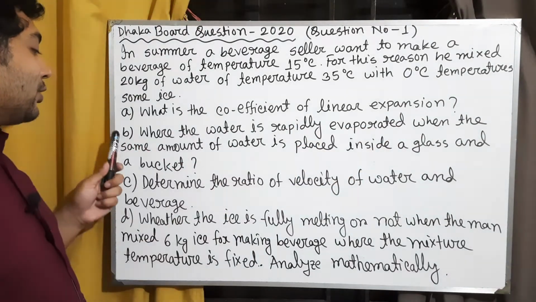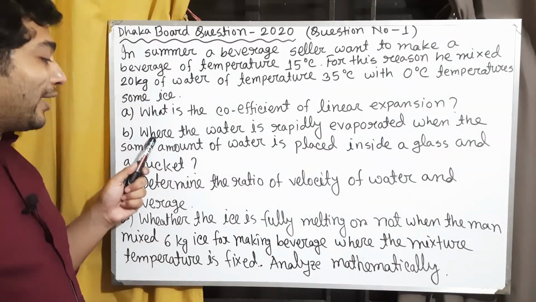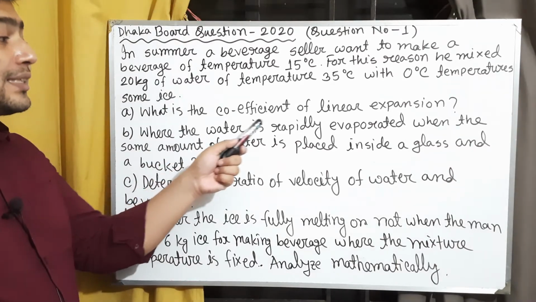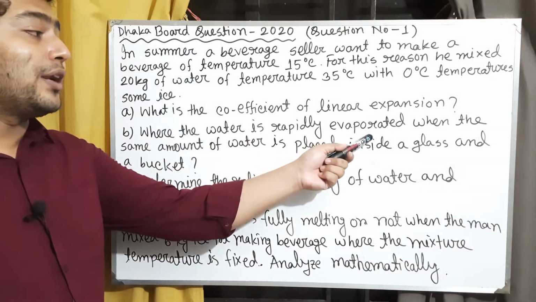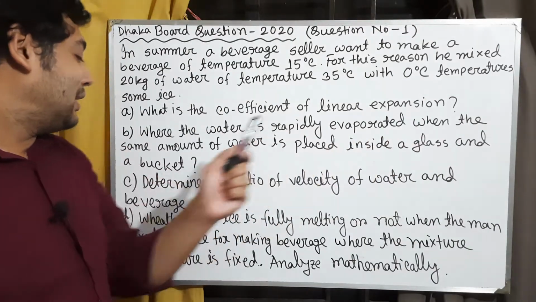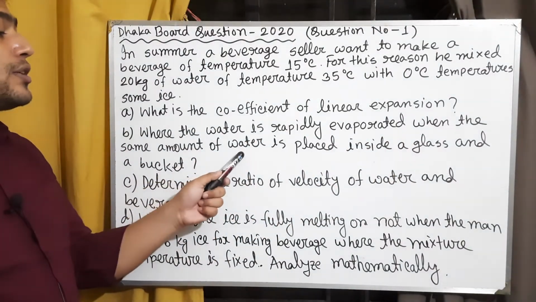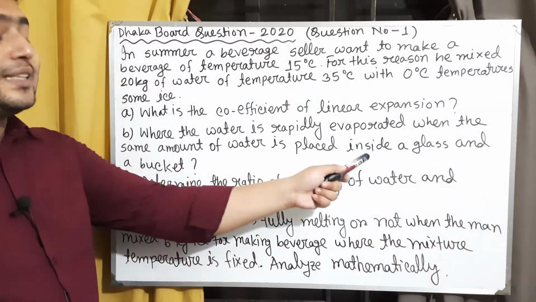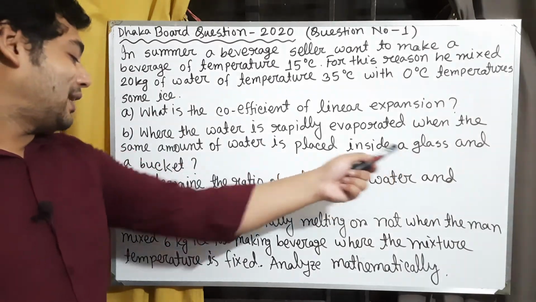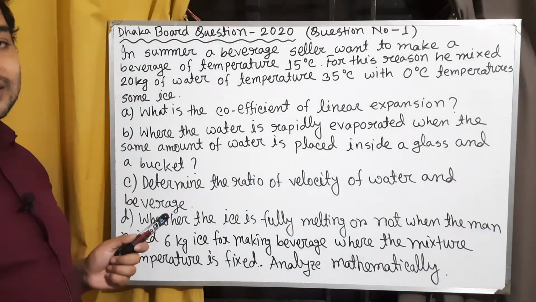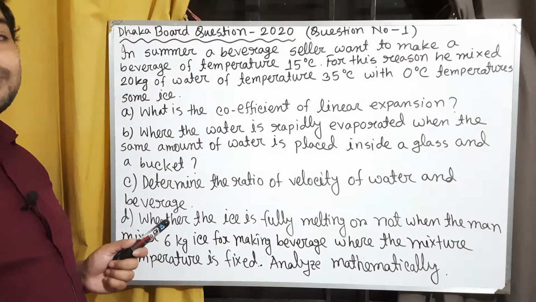Now question number B: where is the water rapidly evaporated when the same amount of water is placed inside a glass and a bucket? Explain briefly.